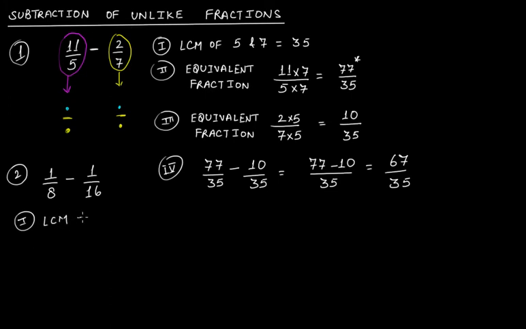If you try to find the LCM of 8 and 16, this will be 2 times 2 times 2 times 2. That is 2 times 2 is 4, times 2 is 8, times 2 is 16. So LCM will be 16.